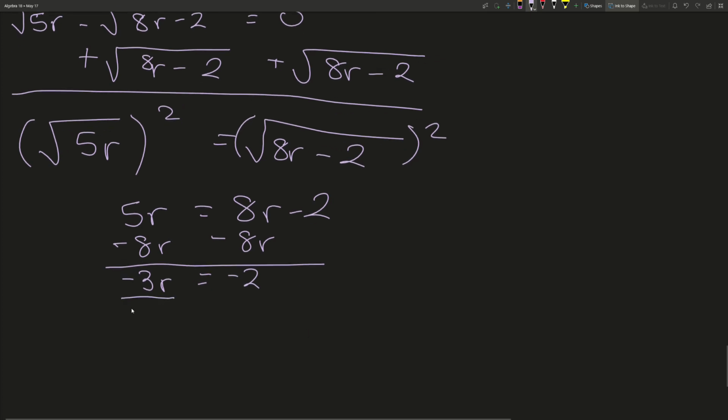So now let's divide this by negative 3 so we can get rid of this negative 3. And remember, the goal is to isolate r. Negative divided by negative is positive, and 2 divided by 3, which is the same thing as r is equal to 2 over 3. Alright, and that is it for this assignment.